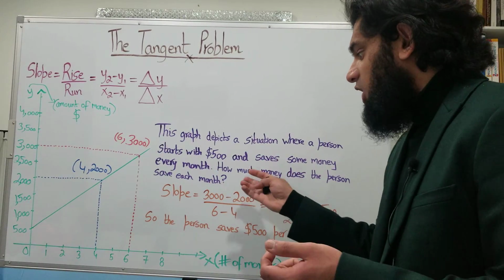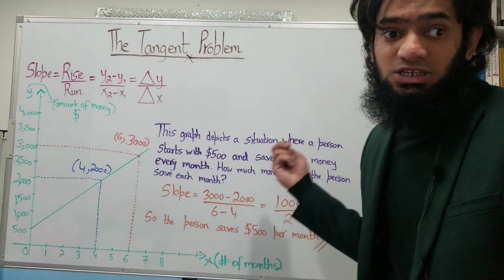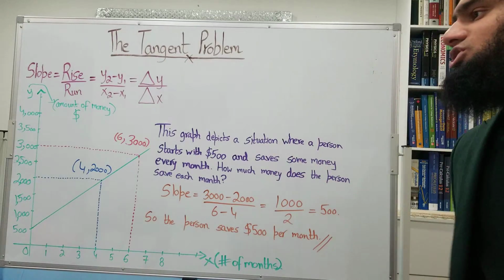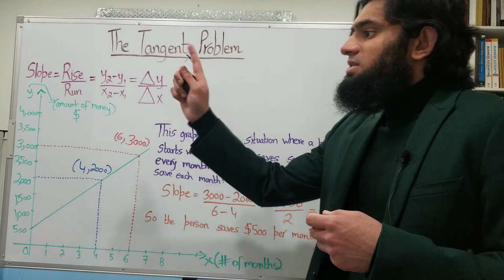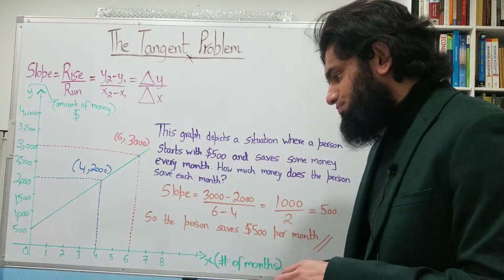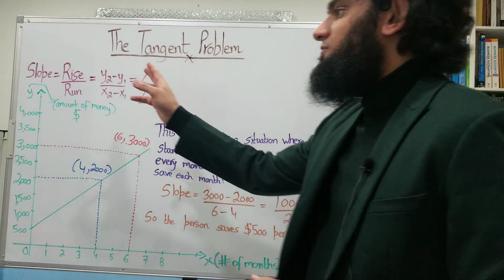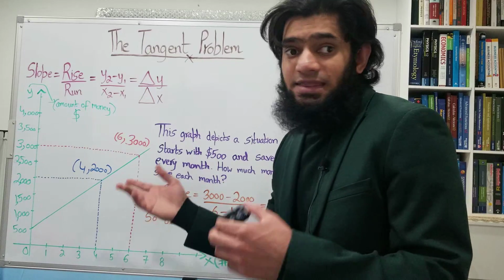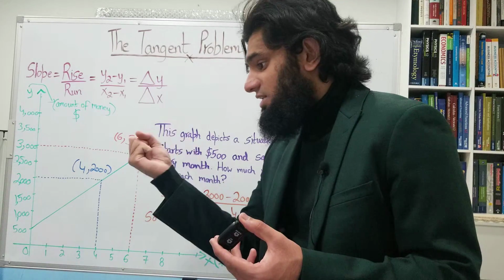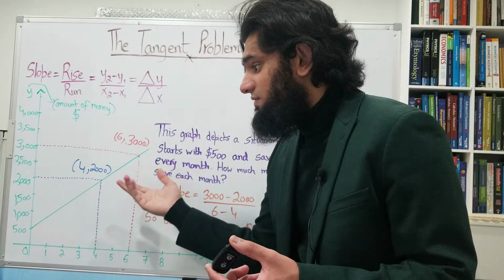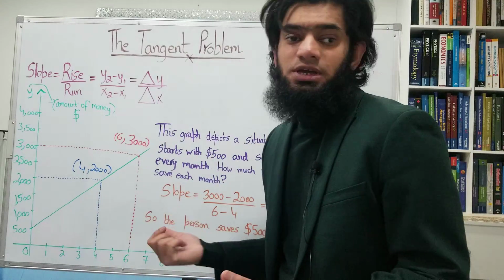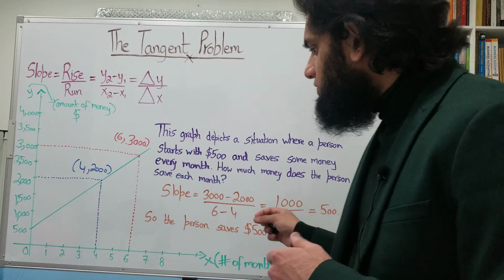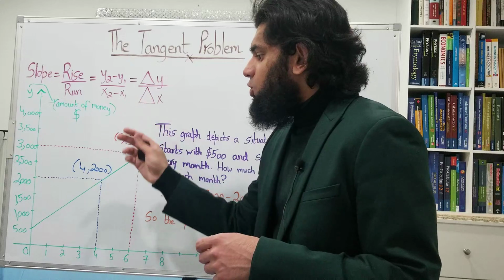Now the question is, how much money does the person save each month? To answer this question, we can use the slope. Let's go ahead and use our formula for slope to find the slope of the straight line, and that number is going to tell us how much money this person needs to save up for this situation to be true. To find the slope, we need 2 points.